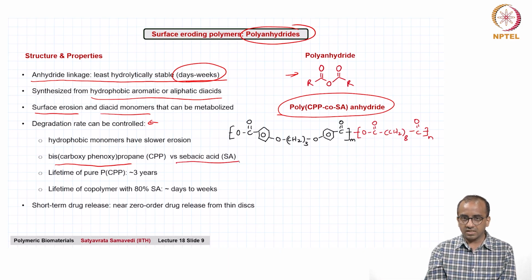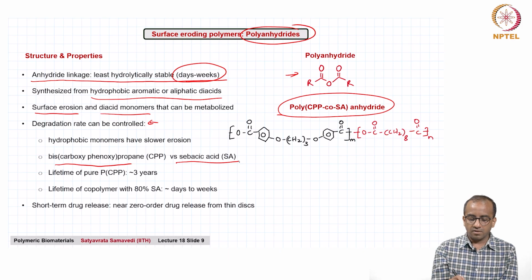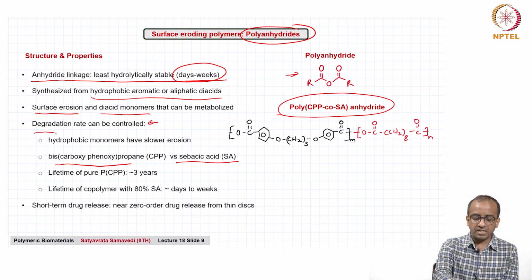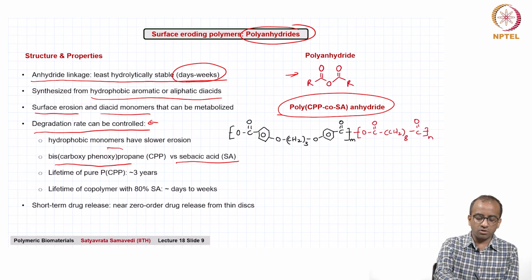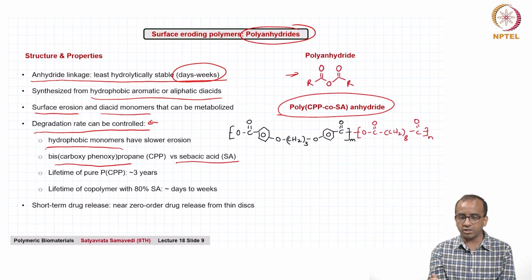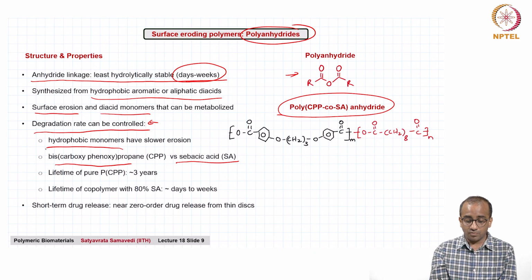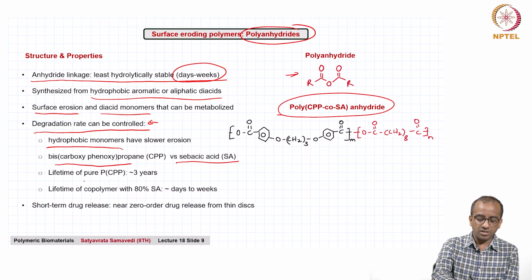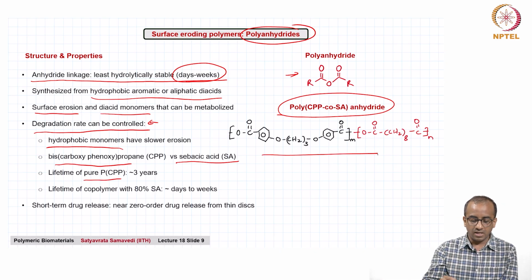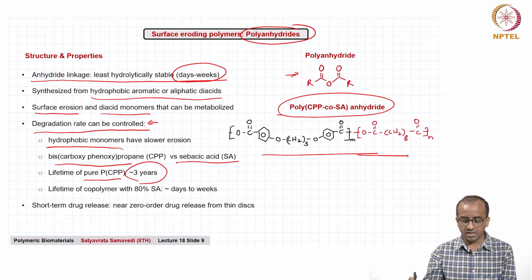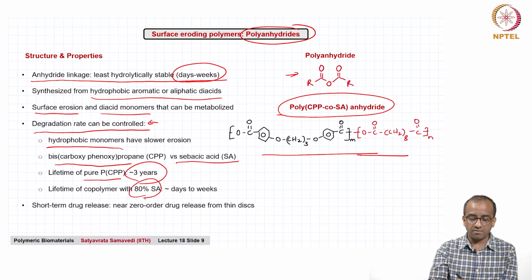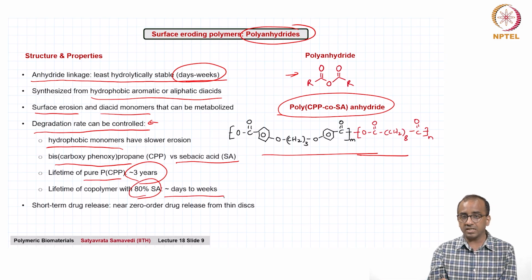Now, this polymer is interesting for a bunch of reasons. First, we have already said that degradation can be controlled very carefully through the choice of monomers, and hydrophobic monomers will clearly have a slower rate of erosion compared to hydrophilic monomers. As a comparison, pure CPP will take 3 years to degrade, whereas the inclusion of SA at 80% brings the degradation time frame down to the order of days to weeks.